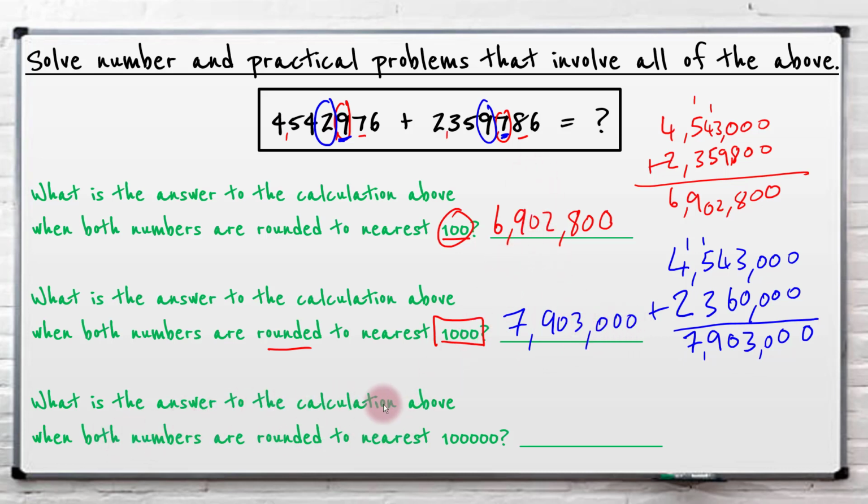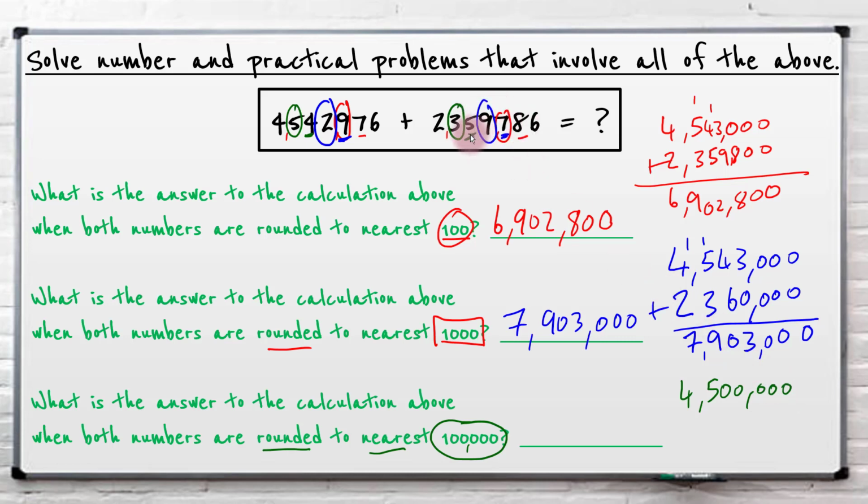Then the final one. What is the answer to the calculation above when both numbers are rounded to the nearest 100,000? Let's check what this number is. Well, where's the 100,000s? There's the 100,000s. There's the 100,000s. So the 4 will mean that the 5 rounds off. So it'll be 4,500,000.